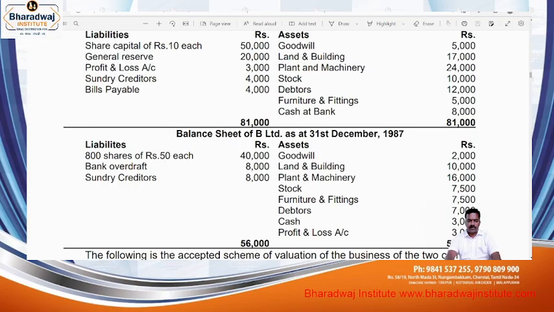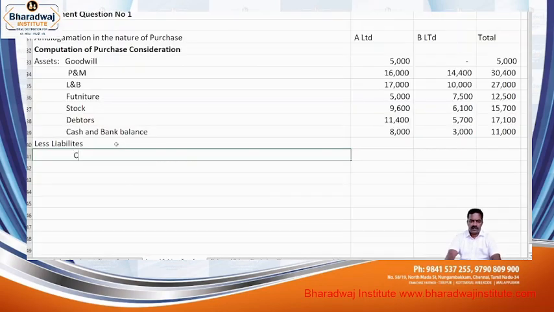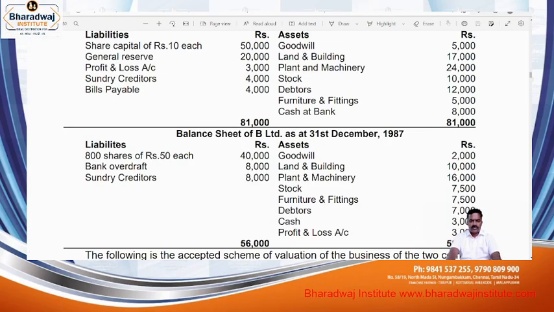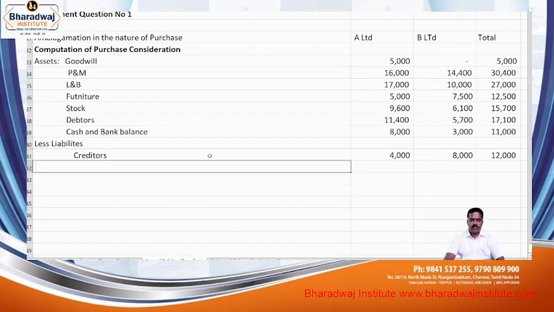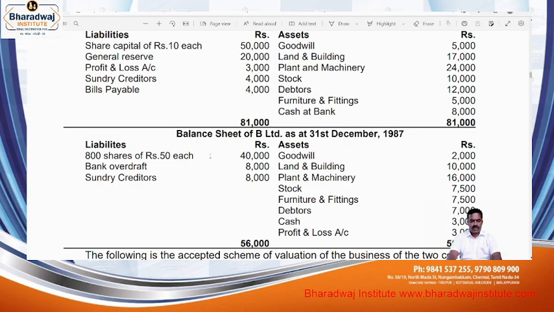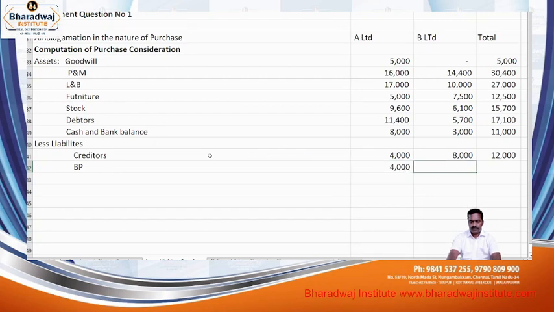What are the liabilities? Okay. Creditors, how much for A Limited? 4,000, 8,000. Then bills payable for A. Then what is the next one?